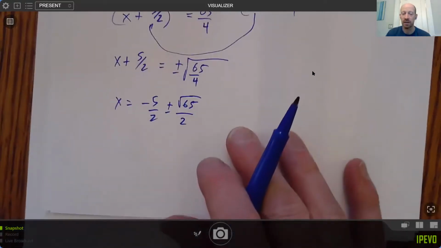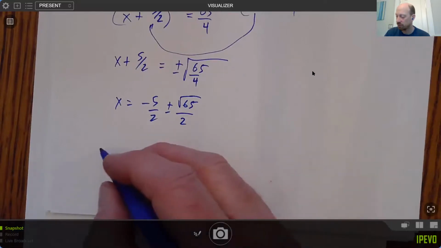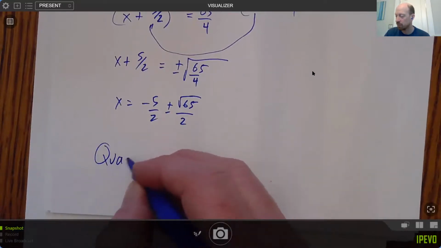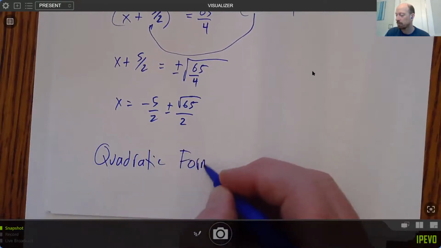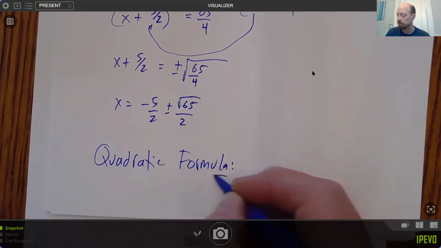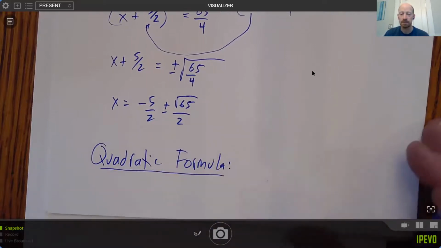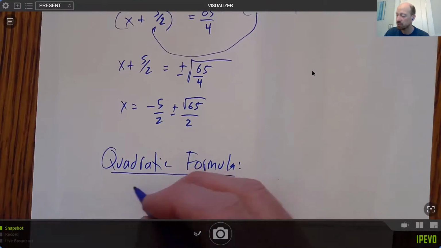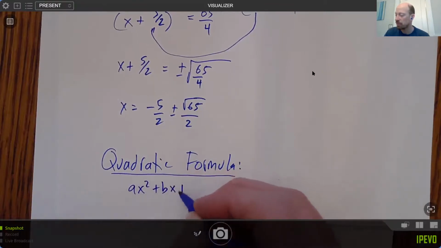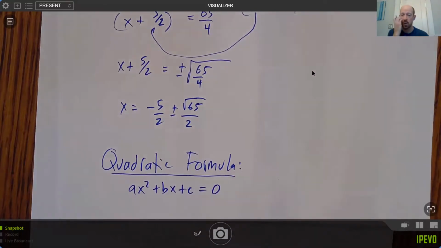That shortcut that you may have seen in the past is called the quadratic formula. And it turns out that the quadratic formula simply comes from doing the completing the square method on this generic quadratic.